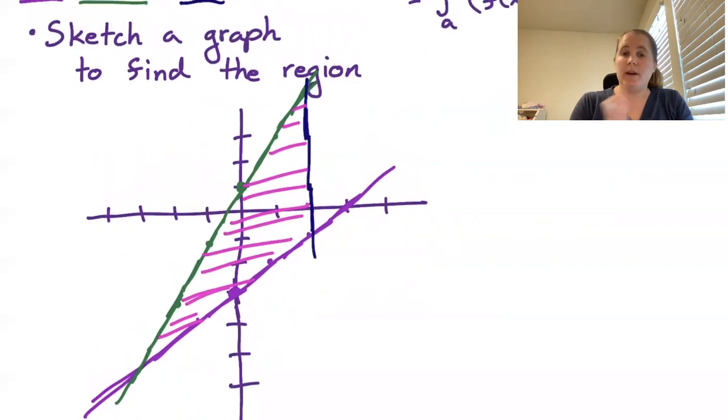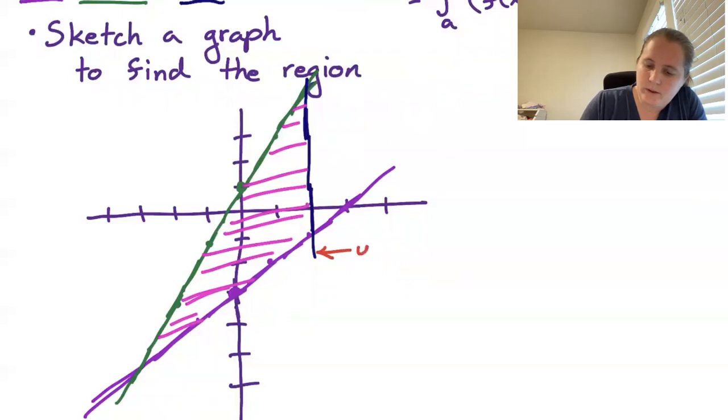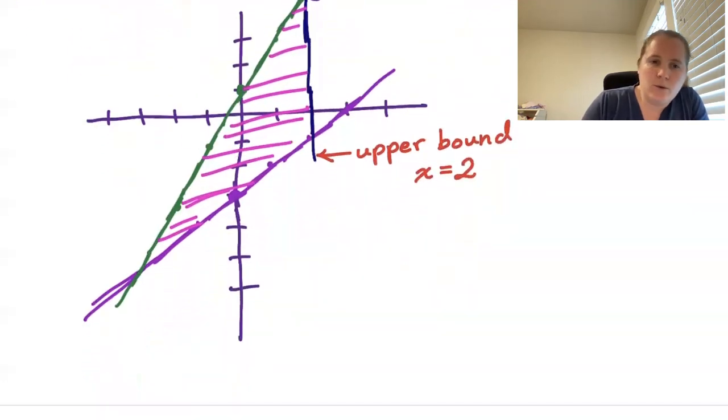So we know that our x values stop at x equals 2, right? So the right bound, or the upper bound, will be x equals 2. Our lower bound we need to find. So our lower bound will be this x value.